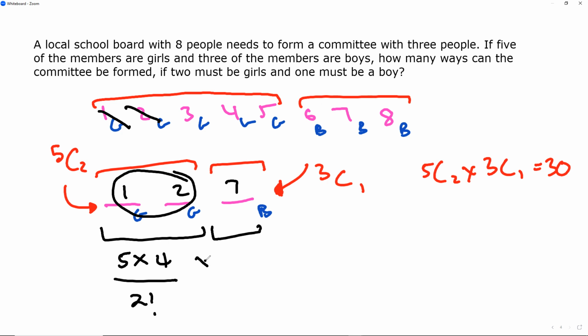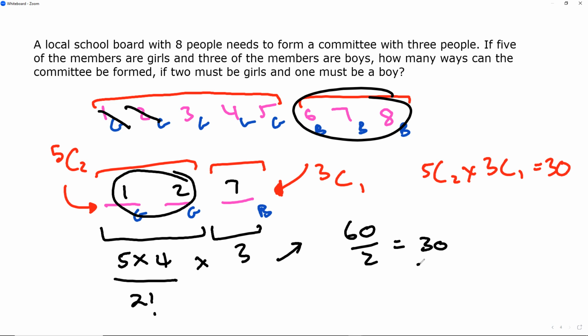And this one, there's 3 options available. So we put just 3 there. And so we end up with 5 times 4 is 20 times 3 is 60 over 2, which is equal to 30. And that would be the logical approach. In terms of combinations, it comes to the same answer using 5 choose 2 and 3 choose 1.